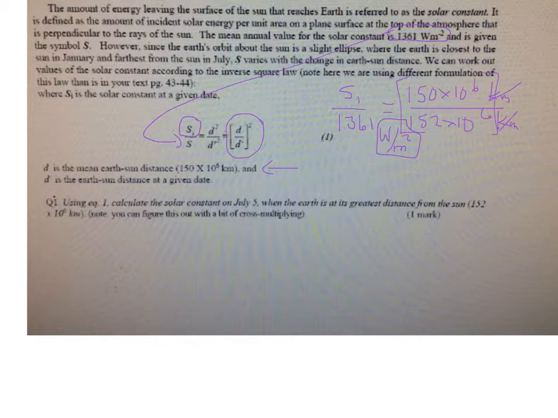So what we're going to do to cross multiply is, oh sorry, this is squared, isn't it? Okay, so let's work down here now, down at the bottom, and I am going to have S1 over 1361 equals 150 times 10 to the 6th, and that's squared, over 152 times 10 to the 6th, and that's squared.